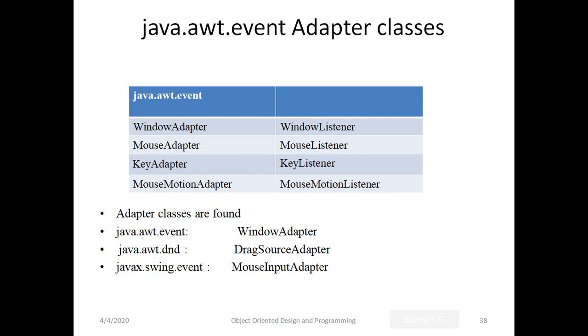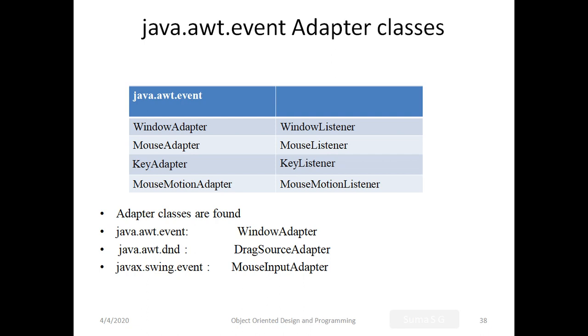One example is WindowAdapter, present in java.awt.event. DragSourceAdapter is an example present in java.awt.dnd. MouseInputAdapter is an example present in javax.swing.event.